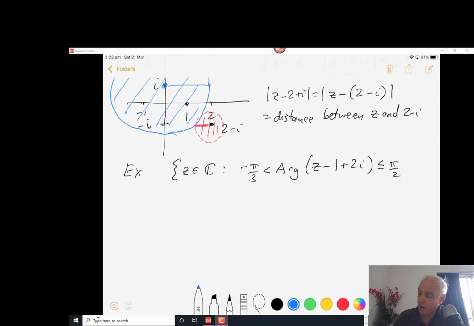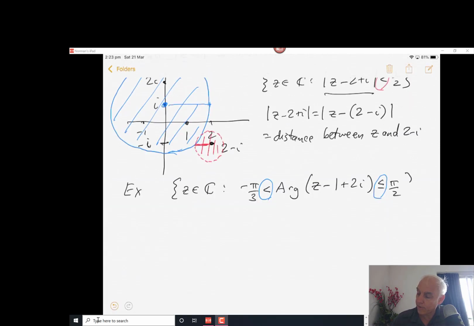We have to be careful about the inequalities. Look at the inequalities carefully. That's a less than. This is a less than or equal to. So it's a little bit different there. Okay, and close brackets. There's a set.